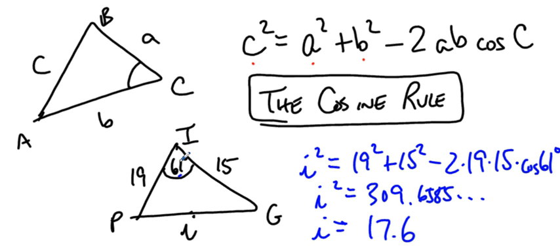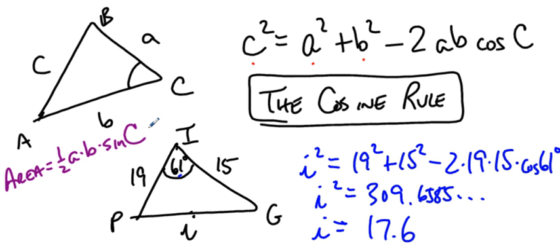Only one other thing to consider, and that is area of a triangle. If I want to find the area of this triangle right here, I can do that because the area of a triangle is 1/2 times one side times another side times the sine of the angle between them.